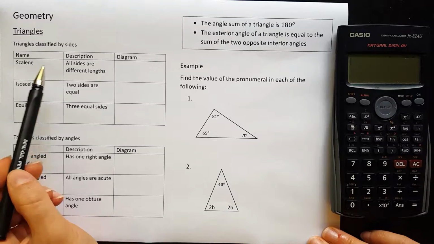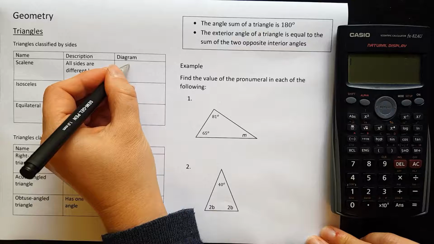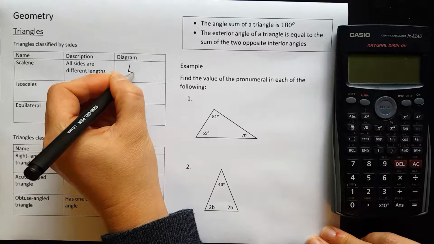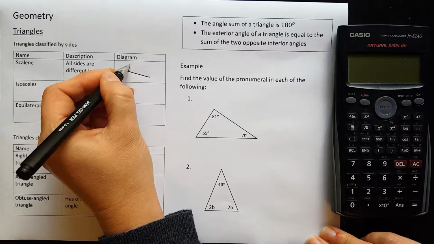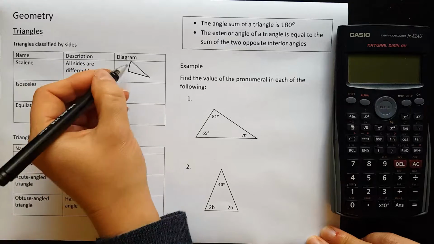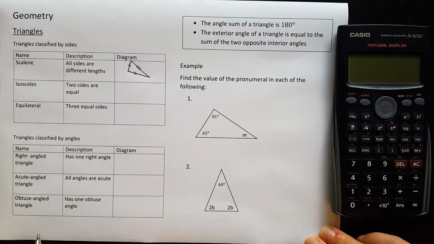A scalene triangle has all sides different lengths. So just a rough freehand diagram here. Something like that. Okay, so that one is different to that one, which is different to that one. Three different sides.